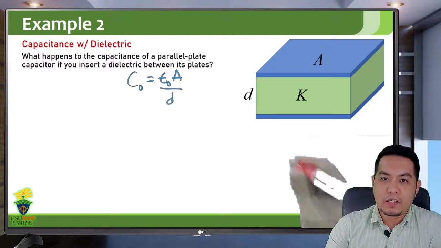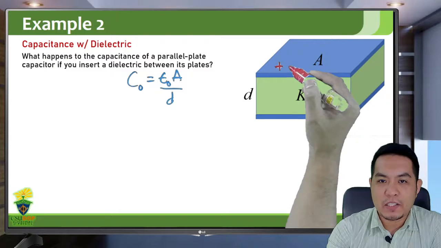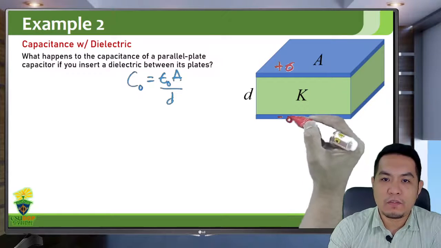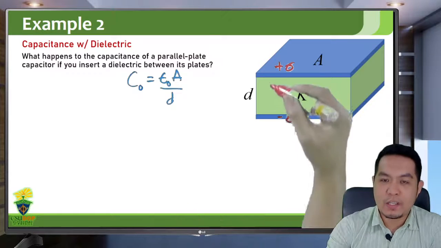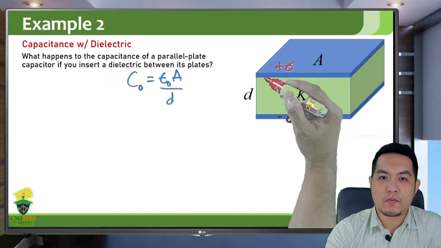In this scenario, the upper plate is usually positively charged, positive sigma, and the lower plate is negative sigma. And this will cause bound charges on the upper and lower surfaces of your dielectric.